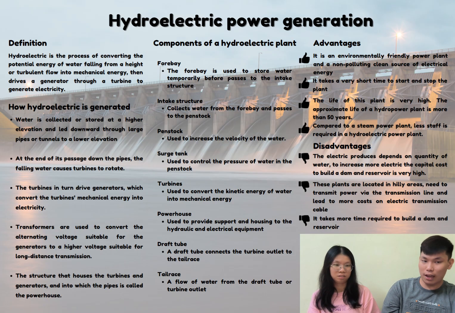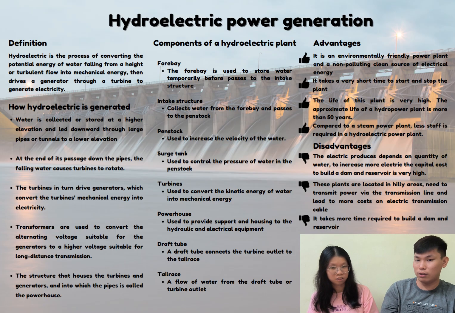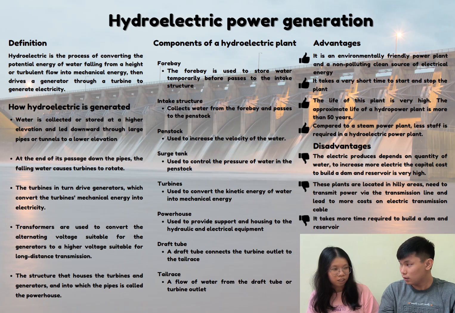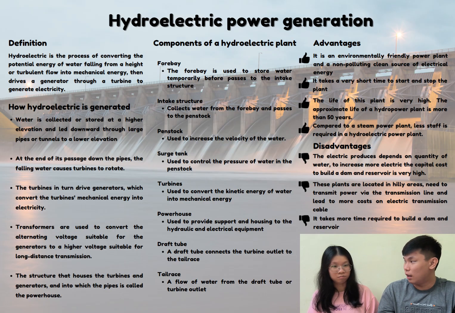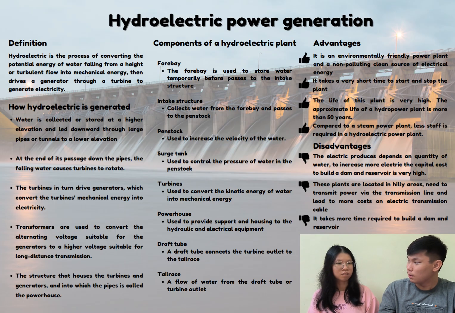Okay, do you know about the advantages of hydroelectric power generation? Environmentally friendly. Actually, yes. It is an environmentally friendly power plant with no pollution to our environment. Then it takes a very short time to start and stop. How short?